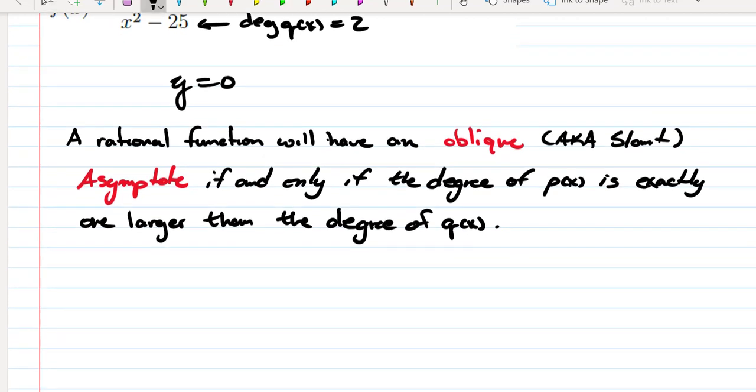So what we mean by that is that the degree of p of x is equal to the degree of q of x plus 1.